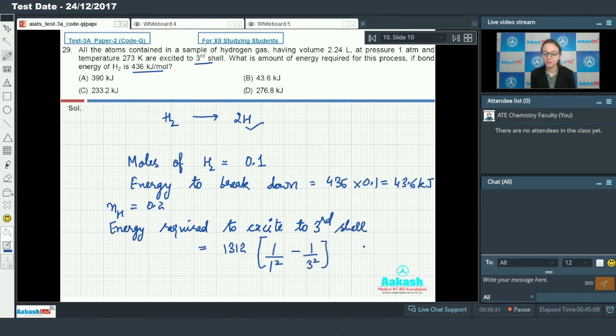This is the energy per mole and we have number of moles 0.2. Energy required to excite electron, they would be 233.2 kilojoule. And total energy is summation of these two, that is 276.8. So answer is option D.